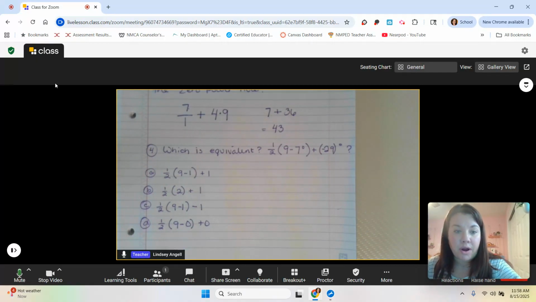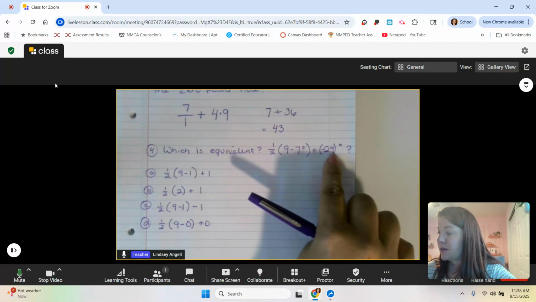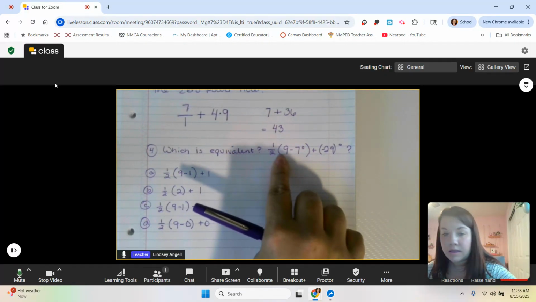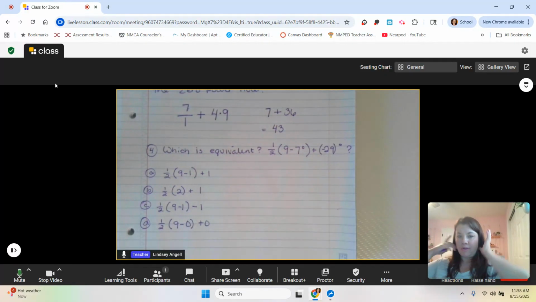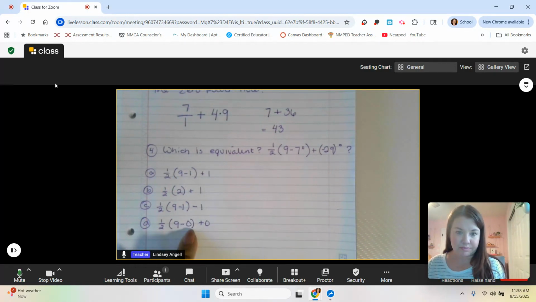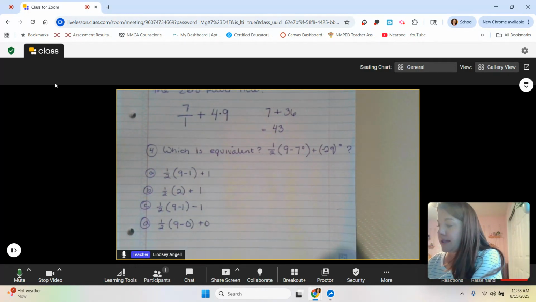Okay, number 4. Which is equivalent? So I've got this expression up here. Here's another nice long one. Okay? Which is equivalent? So I'm going to go ahead and apply the 0 power rule and see, does it pop up with any of these? Okay, so let's see.